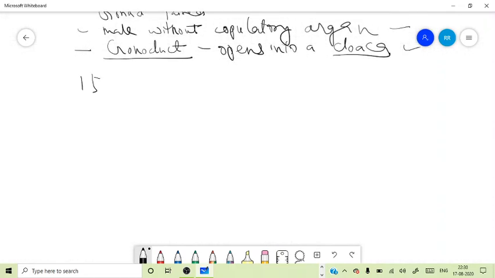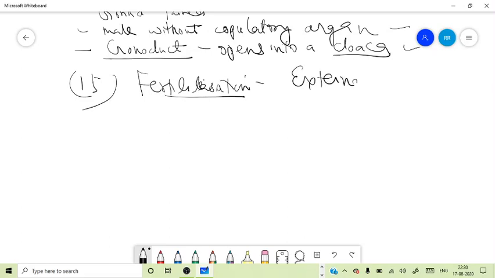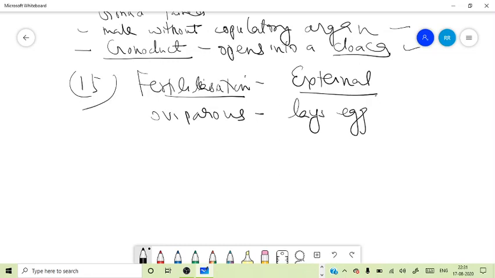So the next character is that fertilization is external. Fertilization is external, and the members of amphibia are oviparous, that is, they lay eggs. And next, the development is usually indirect.